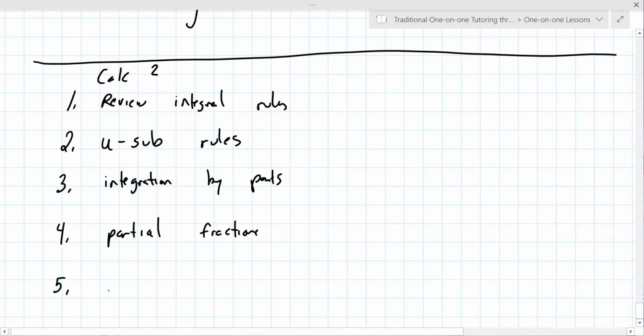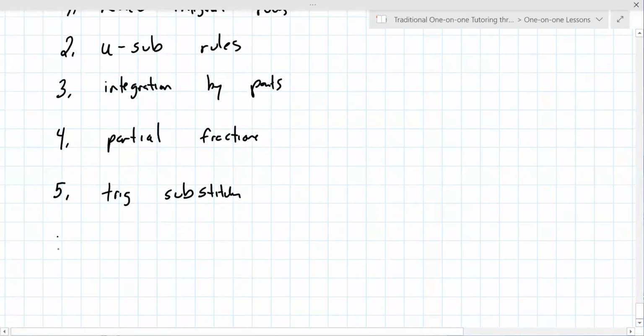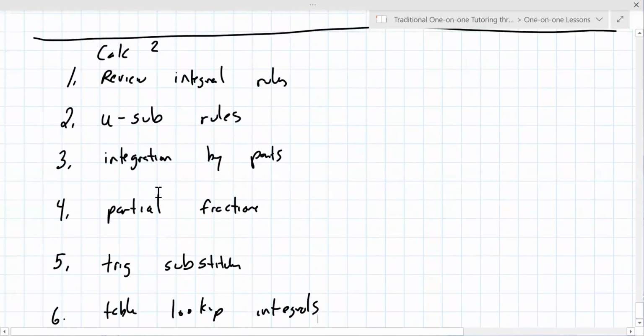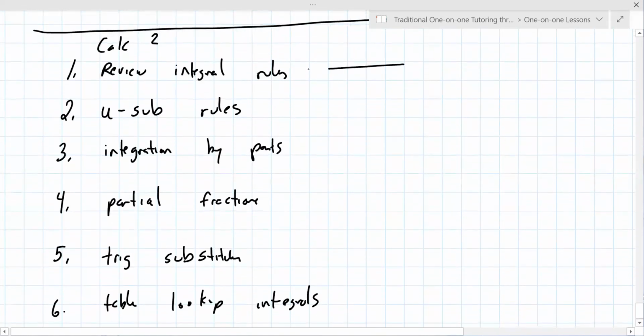Fifth day, they're going to cover trig substitutions. Now they could switch the order here, okay? And then they've got table lookup integrals. Everything we have done for the past 4 or 5 lessons is all right here. This is your day 1 stuff.